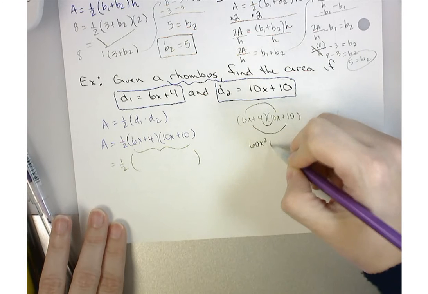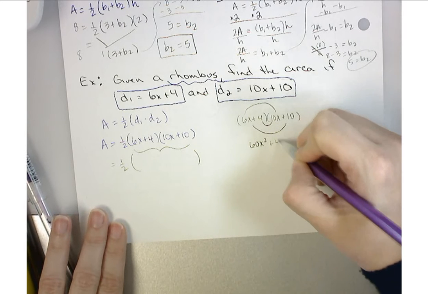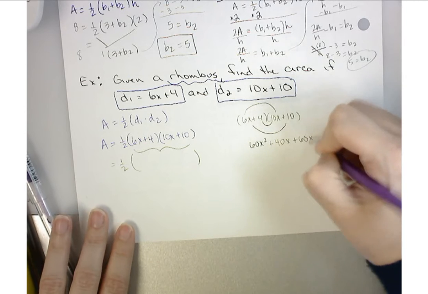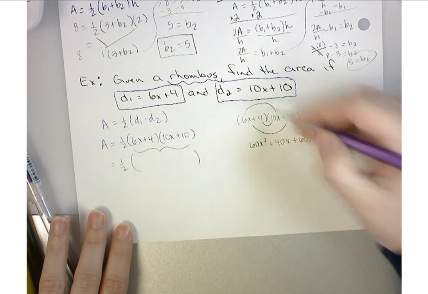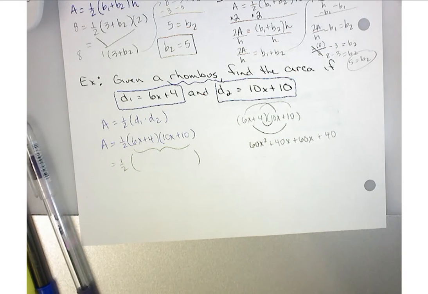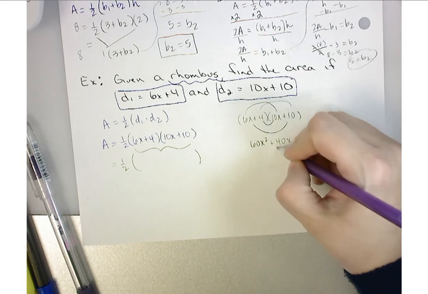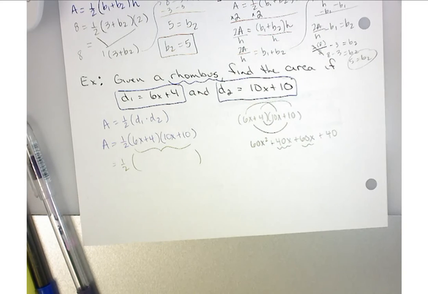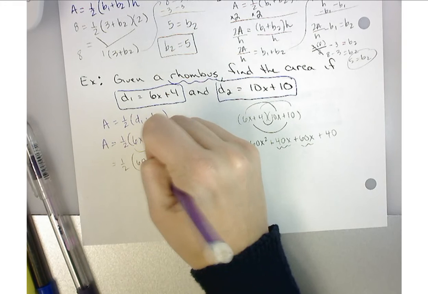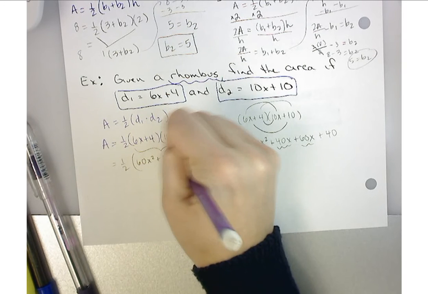Okay, so this 4 times 10x is 40x. 6x times 10 is 60x. And again, it doesn't matter what order you do those in, just as long as you organize it at the end. Okay, so if you combine your like terms, 40x and 60x is going to be what? 100x. So I have 60x squared plus 100x plus 40.